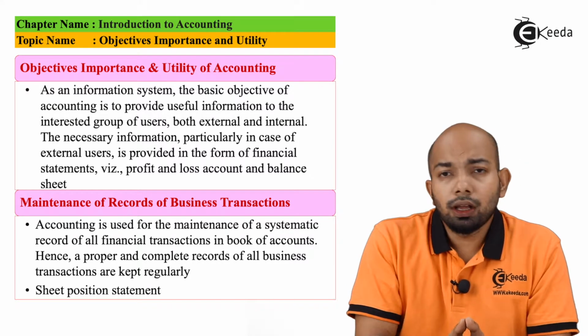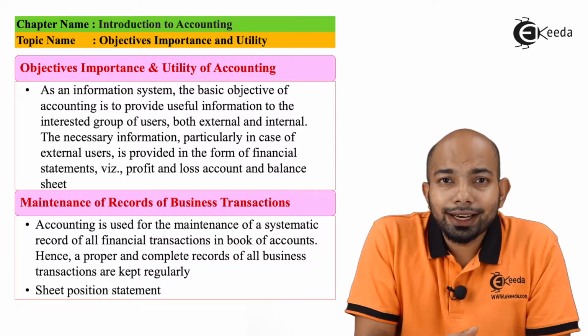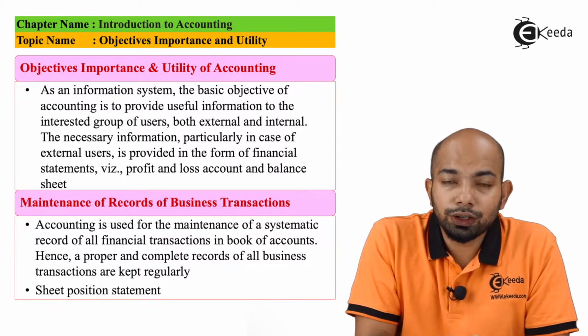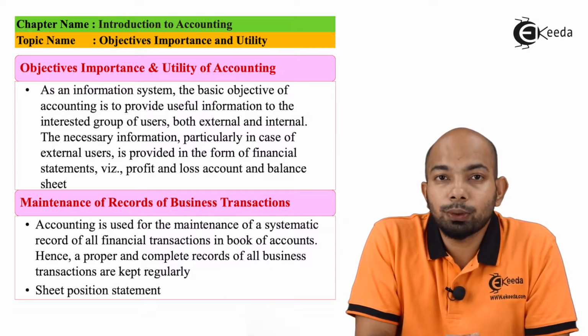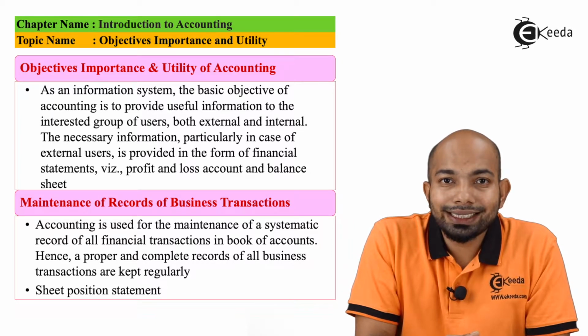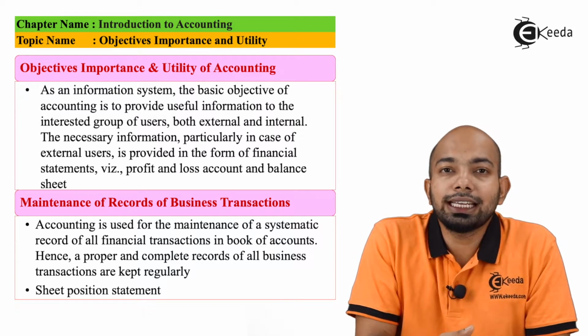For example, when you talk about maintenance of records, every transaction which you have made for your company or with your company has to be recorded in a specific format which has been provided. Once these transactions are recorded, you have access to any age-old data.